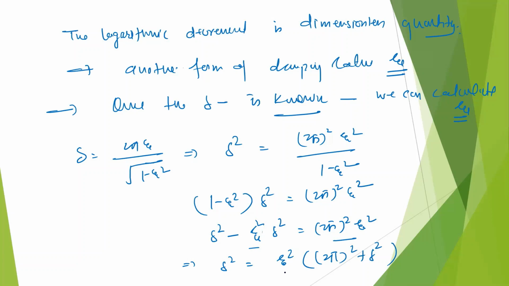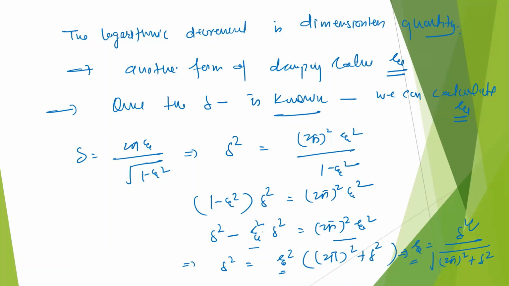So if the logarithmic decrement is known to us, we can find out the damping present in a given system.